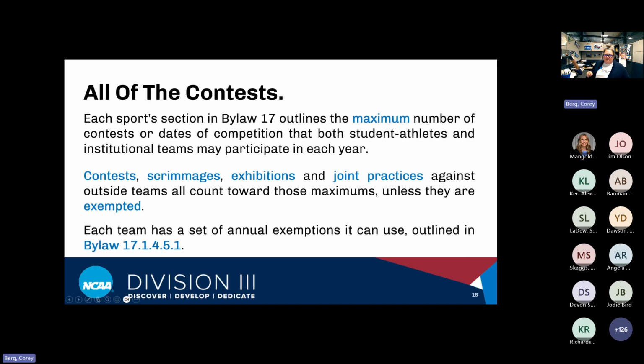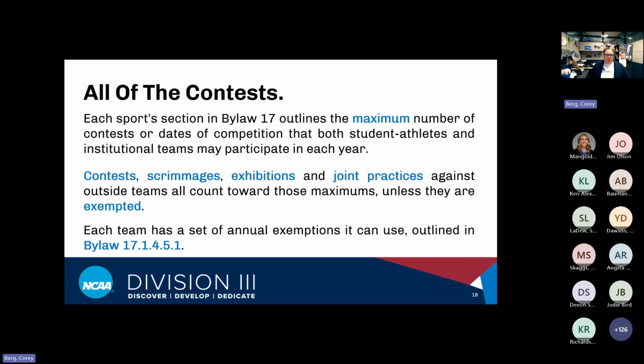And then I wanted to close out by taking a closer look at contests, because when we think about contests in the Bylaw 17 context, we think not about sports sponsorship minimums like we think about in Bylaw 20. In Bylaw 17, we think about contest maximums.